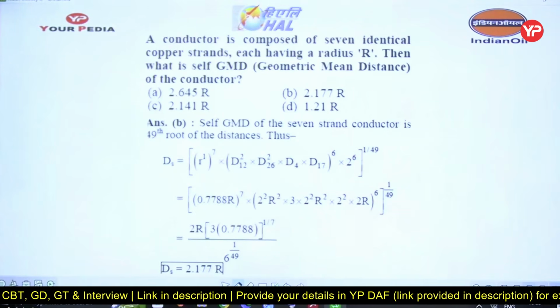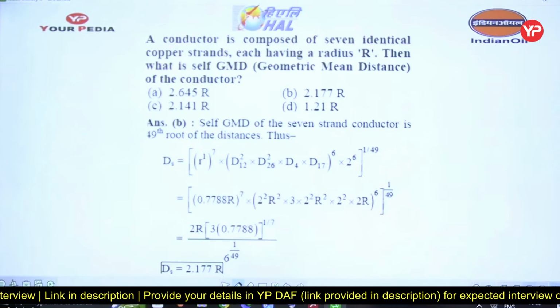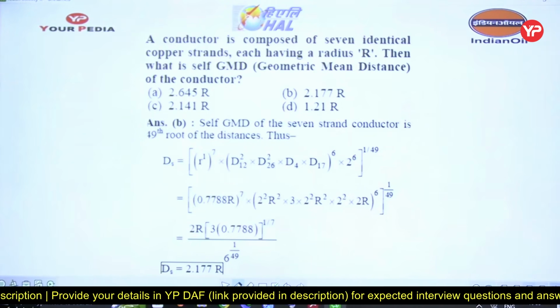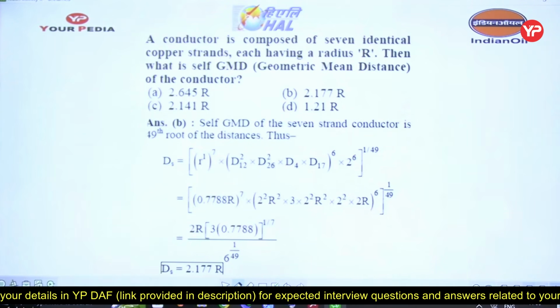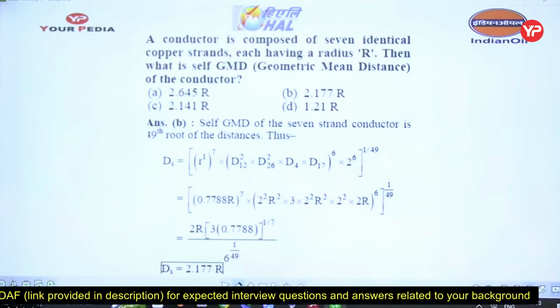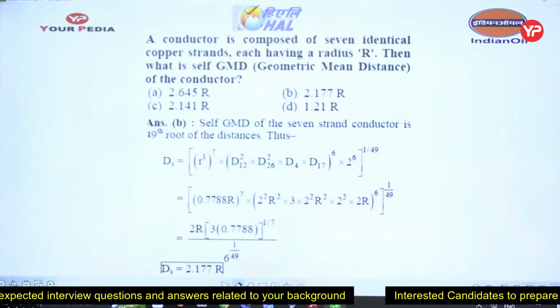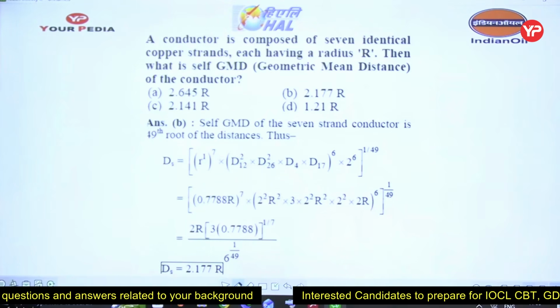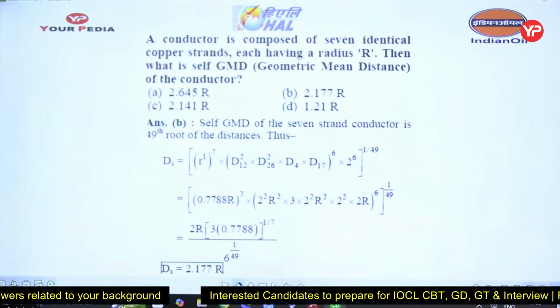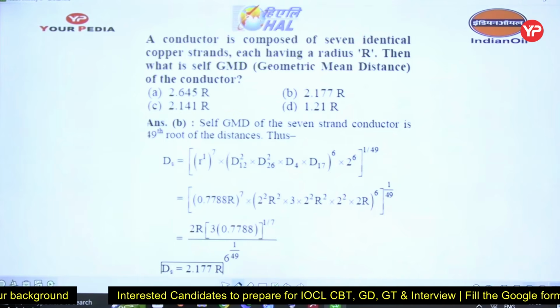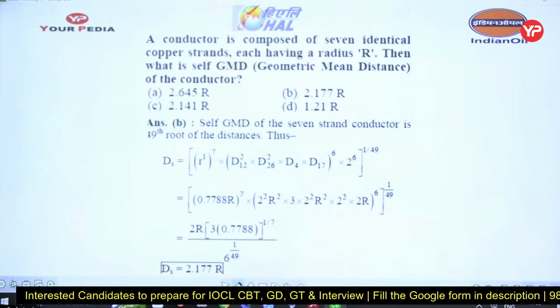Try this question, please. Try with your calculator. In the examination, calculator is not allowed. The question will be given in such a way that calculation is going to be easy. Otherwise, the total value will be given. It is not possible for us to calculate power 1 by 7, power 1 by 49 and these kinds of things without a calculator.